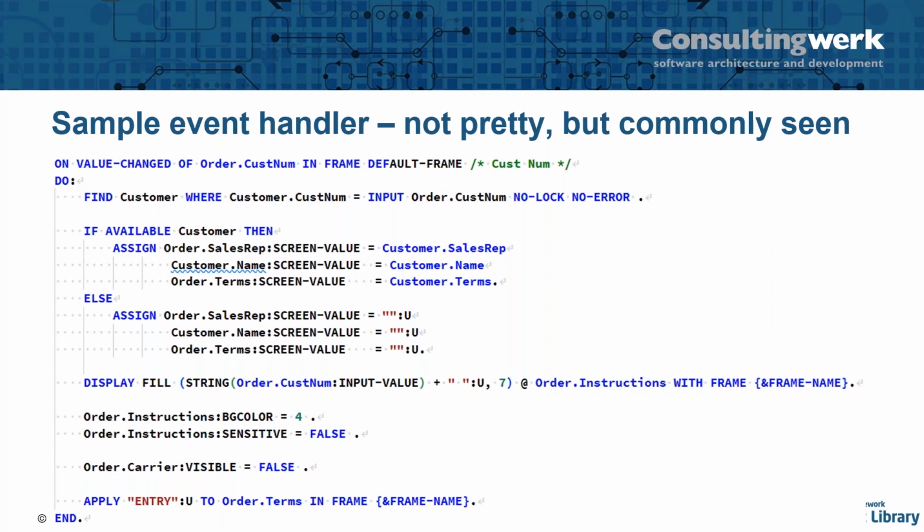Then the display fill of blah, blah, blah just puts the customer number here 7 times and it's other into the instructions, just to have some form of calculation here. Then we change the background color to red and set the instructions field to not sensitive. The carrier should become invisible.